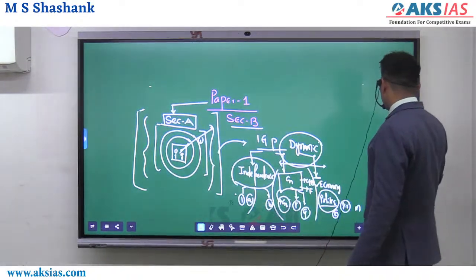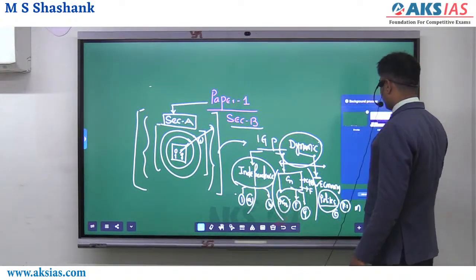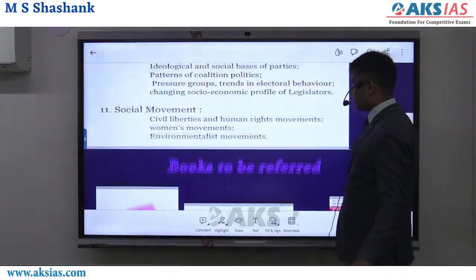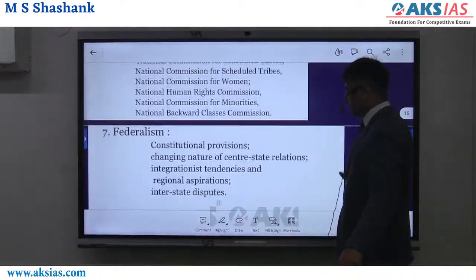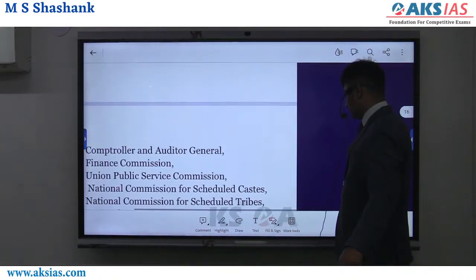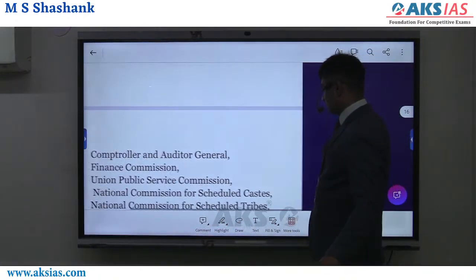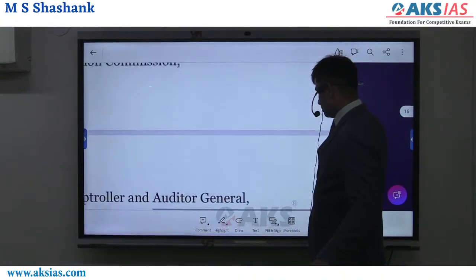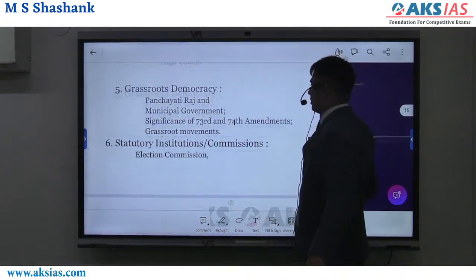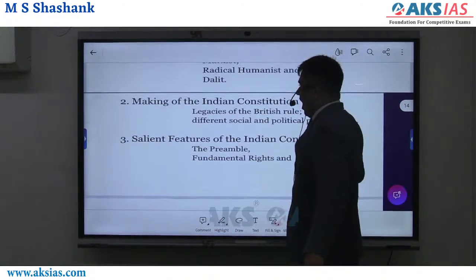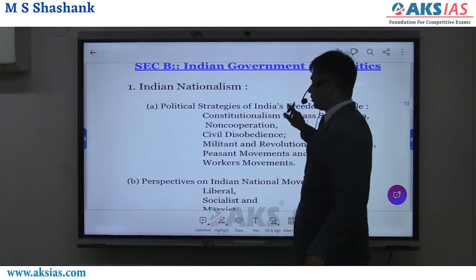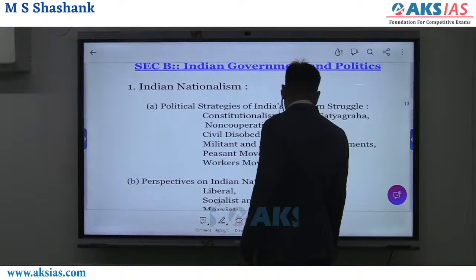Now let's look at what is the overlapping component. Before going to the books, let us look at the overlapping component that you have. This one, Indian nationalism and these things.